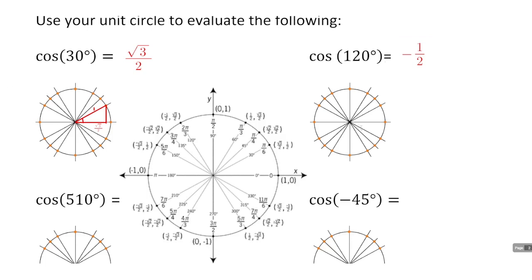We can't really draw a right triangle with 120 degrees, so we have to use that reference angle. But it's going to go a lot faster if we just get used to looking at the unit circle and reporting back the appropriate value. So we're going to just keep doing that. So yeah, cosine of 120 is -1/2.